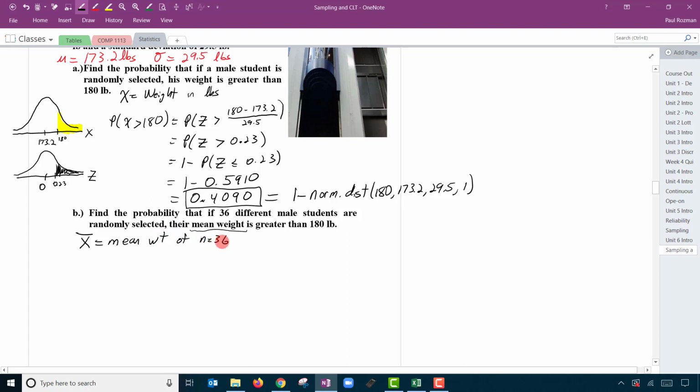So we're talking about the mean weight of 36 students. This thing, X bar, will be distributed normally. This little tilde is like shorthand in statistics. X bar is distributed normal.